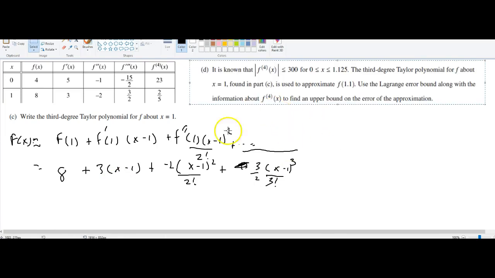All right, so I'm going to make an error bound. Theoretically, I'd use this to find some answer for x equals 1.1. They want to know how big an error there is.